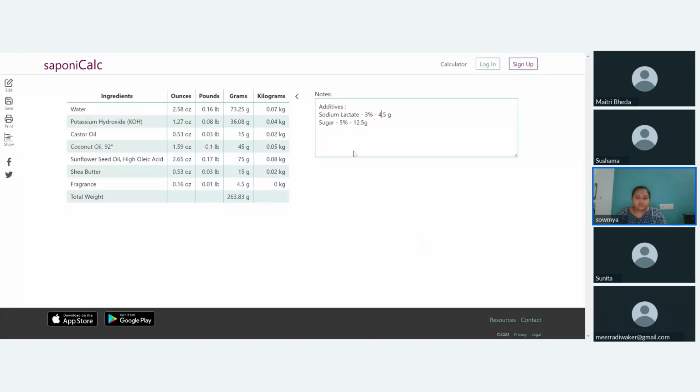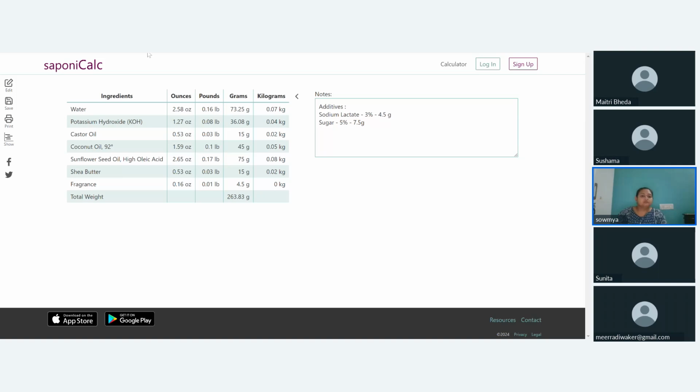And sugar also will be 5%. So that will be 5 divided by 100 into 150, since 150 is my total oil weight. So it will be 7.5 grams.